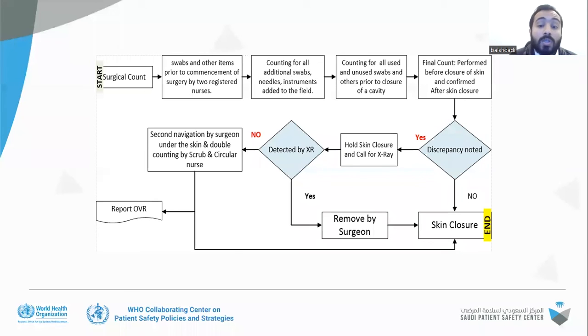So if there is any discrepancy noted in the hospital checklist, if there is no discrepancy, you go and do the skin closure and everything is okay. But if there is a discrepancy, what should have been done is to ask for an X-ray. And then if you can identify the foreign body by the X-ray, it needs to be removed by a surgeon, or if he cannot remove it, he will call another surgeon and they will take extra steps.